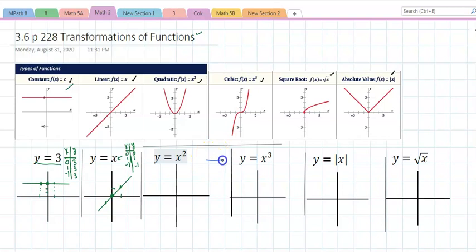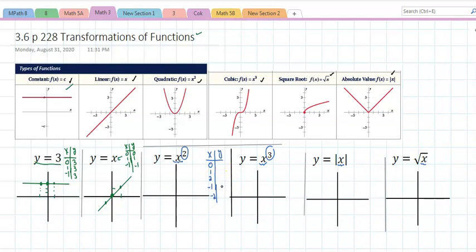Y equals x squared. So this is how things are gonna work. Every time I get to a graph, if I wanna pick points, I set the inside of the square, the inside of the cube, the inside of the absolute value, or the inside of the radical equal to 0. So where does that equal 0? At 0. I'm gonna move 2 points above it and 2 points below it.